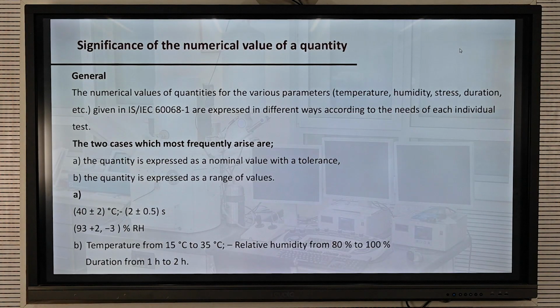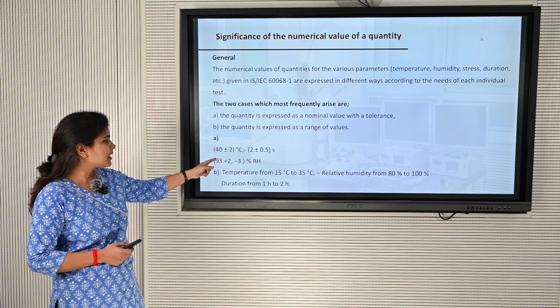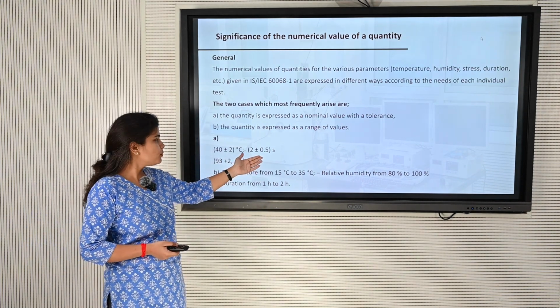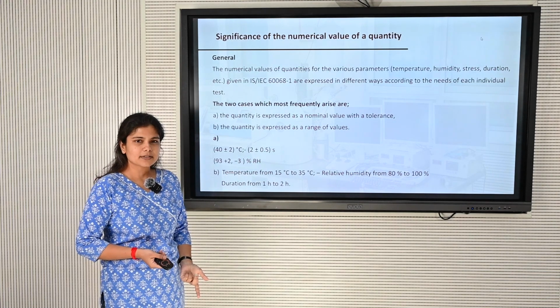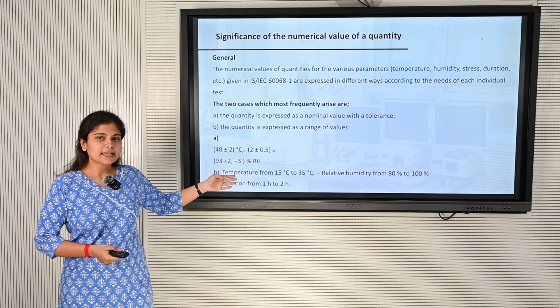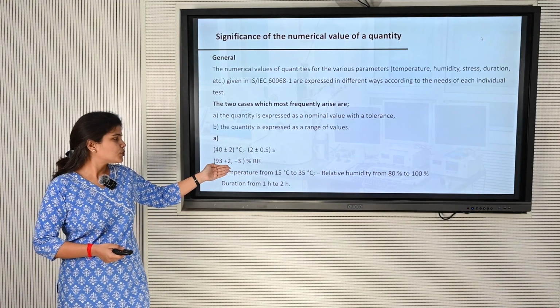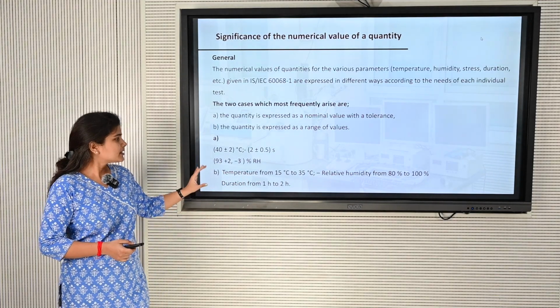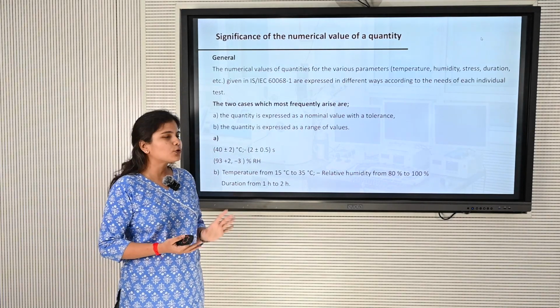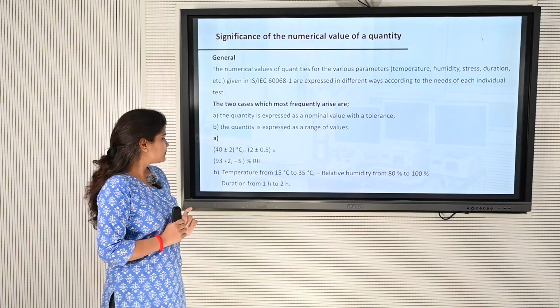First, it can be expressed as a nominal value. For example, a temperature is generally given as a nominal value, like it can be written as 40 ± 2 degrees centigrade, or say 2 ± 0.5 seconds, right? If we go about relative humidity, it can be written as 93 + 2 - 3. So this gives an example of how you are going to write a particular value as a nominal one.